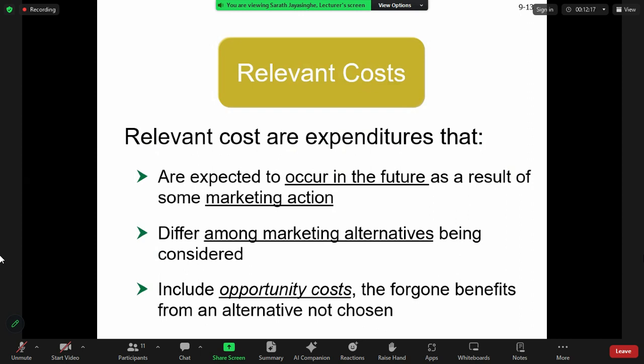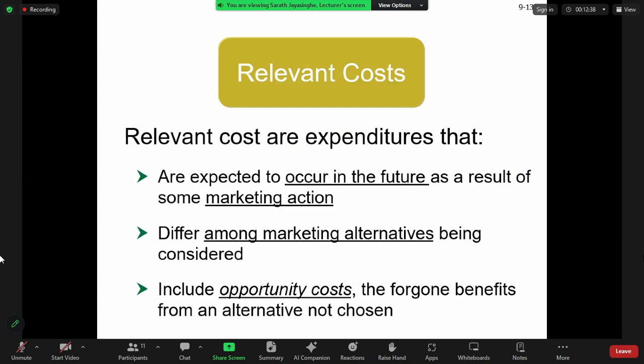They differ among the marketing alternatives being considered. When you are considering several marketing alternatives, different approaches, the relevant cost will be different. They include opportunity cost, the foregone benefits of an alternative not chosen.